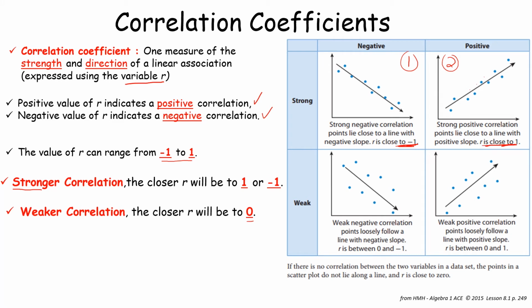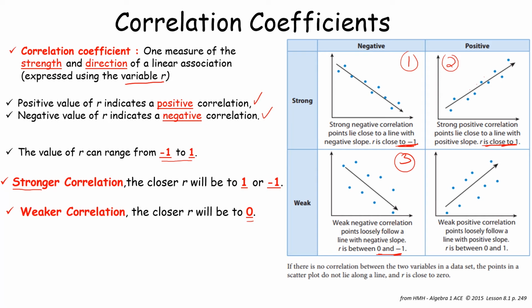Now let's look at a weak negative. So we see how for this third graph here, the dots are spread out. You have a negative slope, which is why it's negative. The graph falls from left to right. And your r would be between 0 and negative 1 because it is negative. And it's not going to be as close to the negative 1 because it is weak.